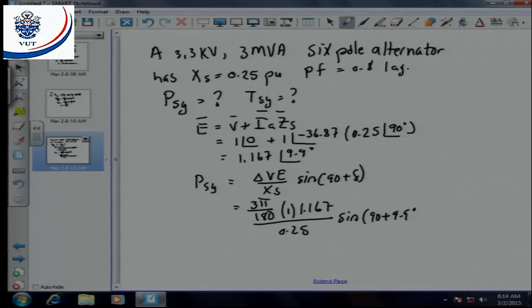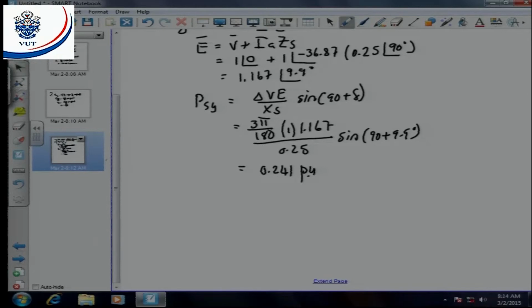If we have a look at another example, which is a 1.5 MVA, 6.6 kilovolt, 4-pole star connected alternator, has a synchronous impedance of 0.5 plus j5.5.